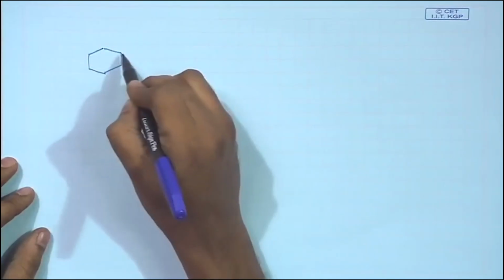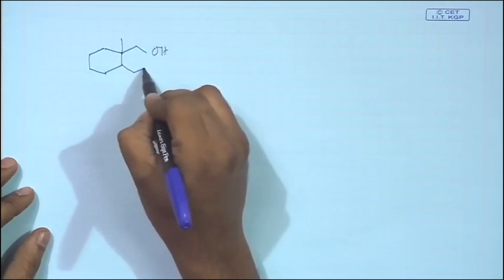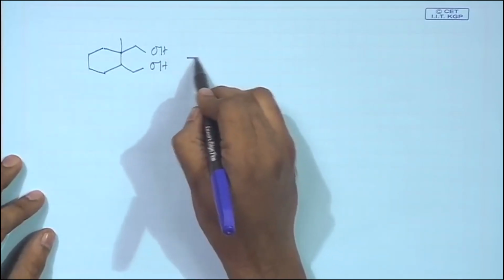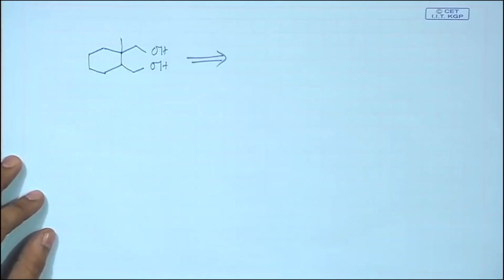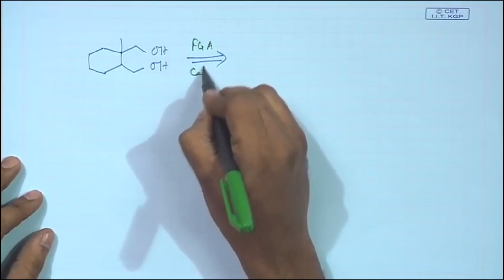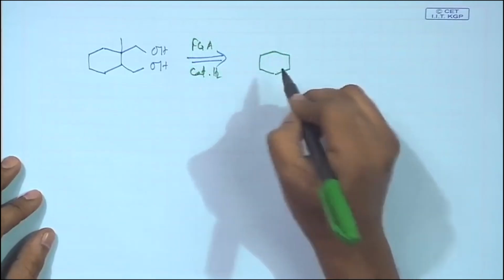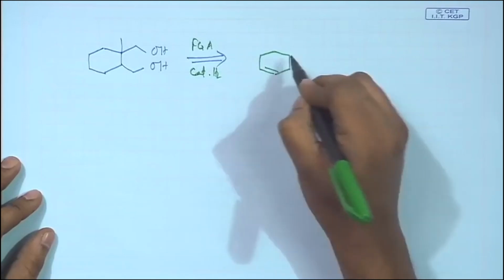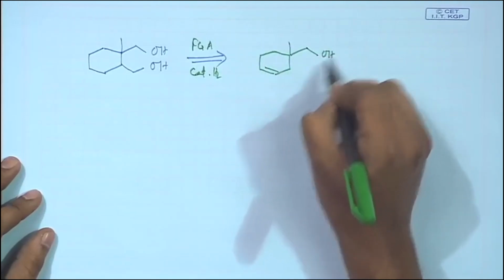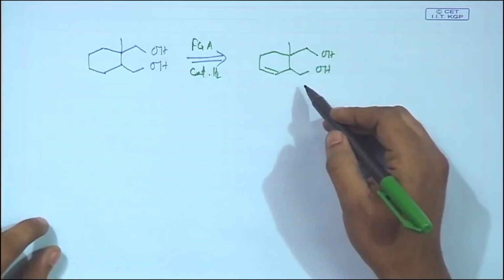We take the same target, we took the same target, and now we say we will be doing a functional group addition through catalytic hydrogenation, but now the intermediate which I am now drawing is a bit different.